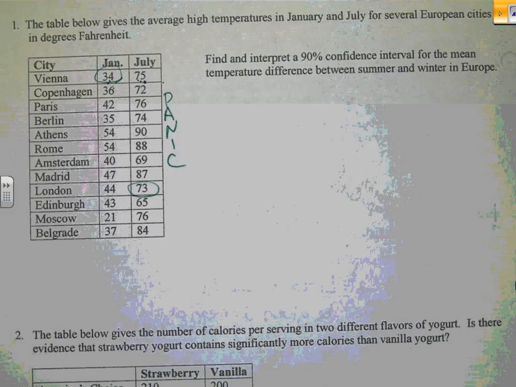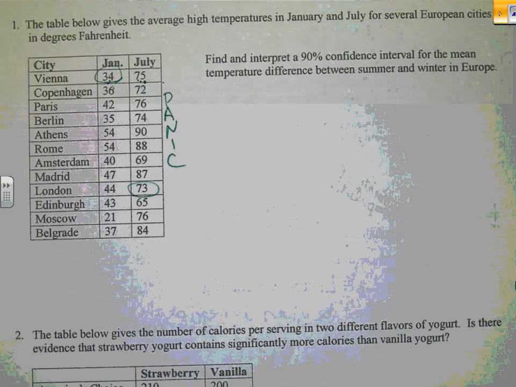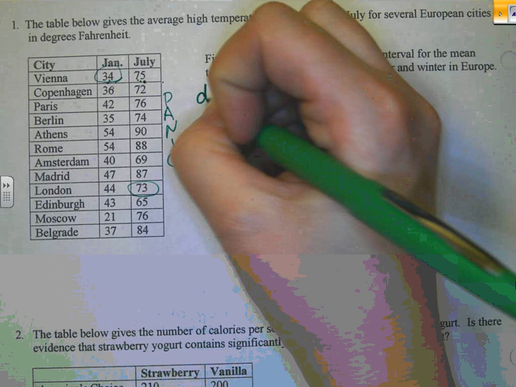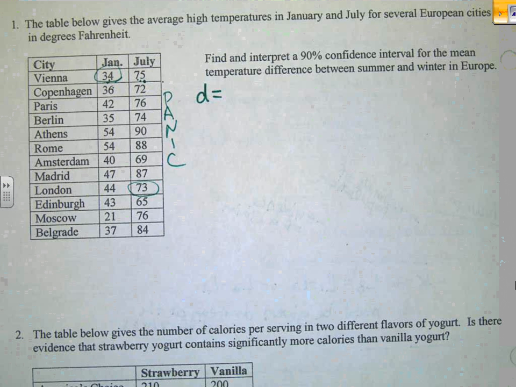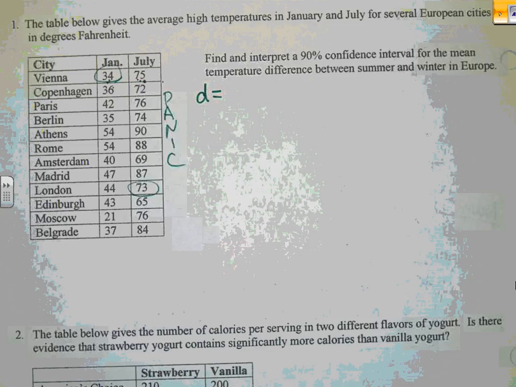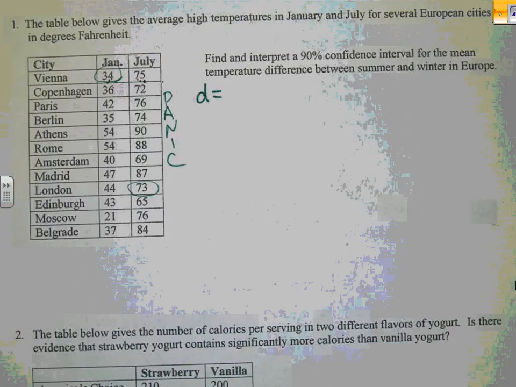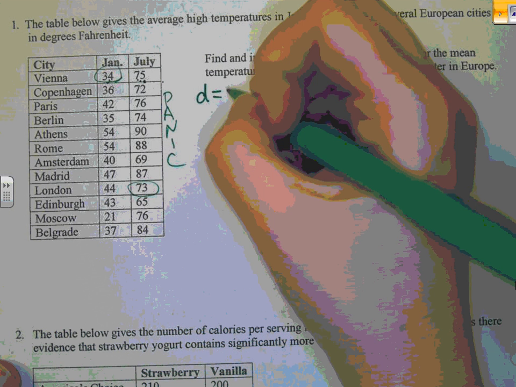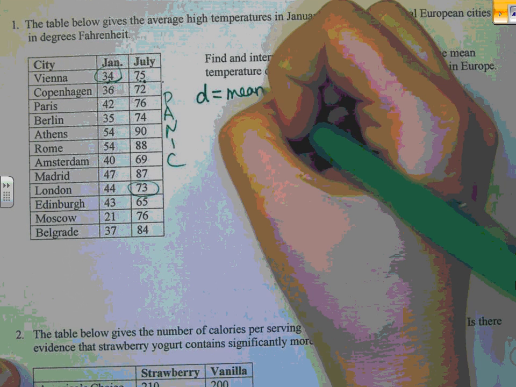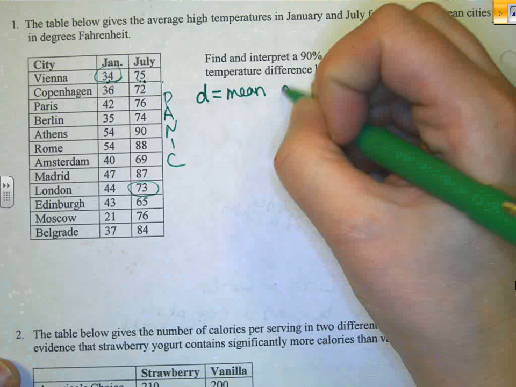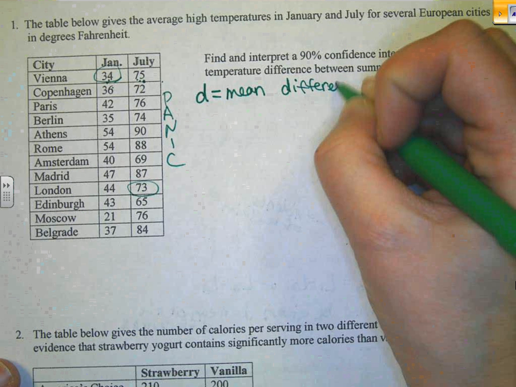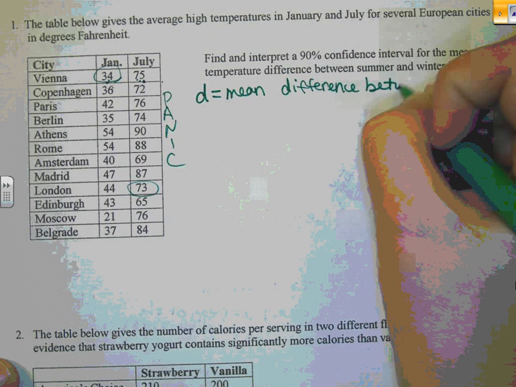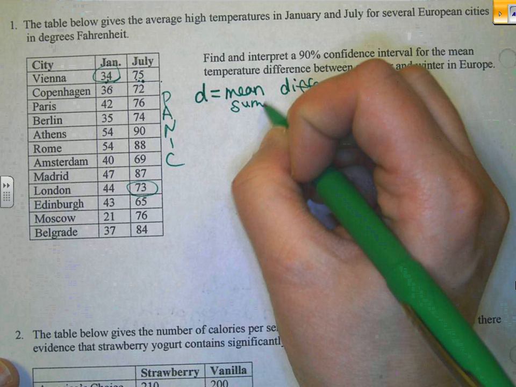Okay, the parameter in this case, P stands for parameter, if you forgot. We want to tell what that is. We're going to use the letter D for, any guesses? Difference. Yes. It's the mean difference between summer and winter.